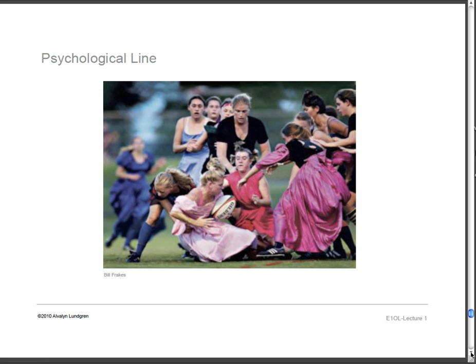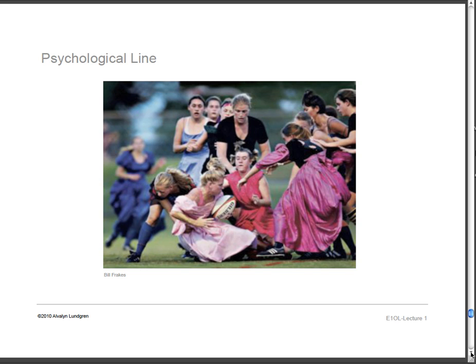This is really cool because this is a photograph, and so it was not created from the ground up, it was actually captured. But even in photography, you will have aesthetic principles in action. And psychological line, obviously the rugby ball is the center of attention, and everybody is psychologically connecting to it in some way or another.